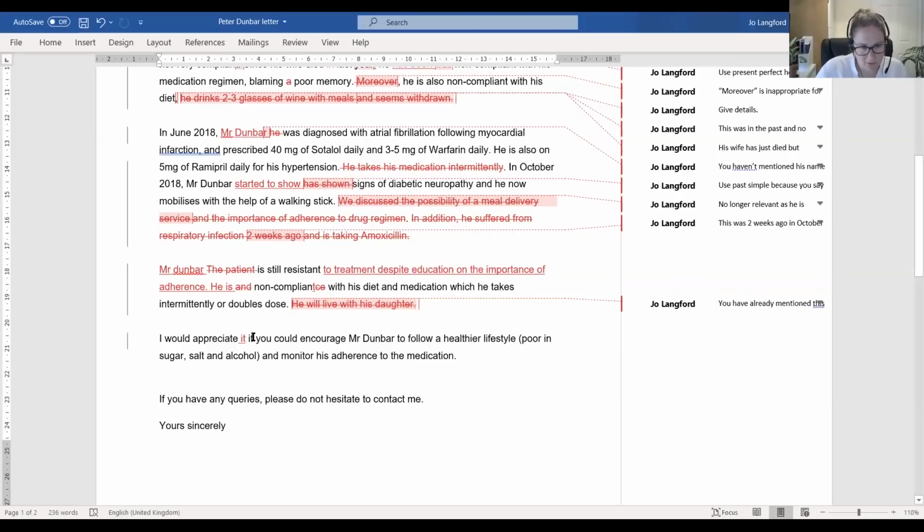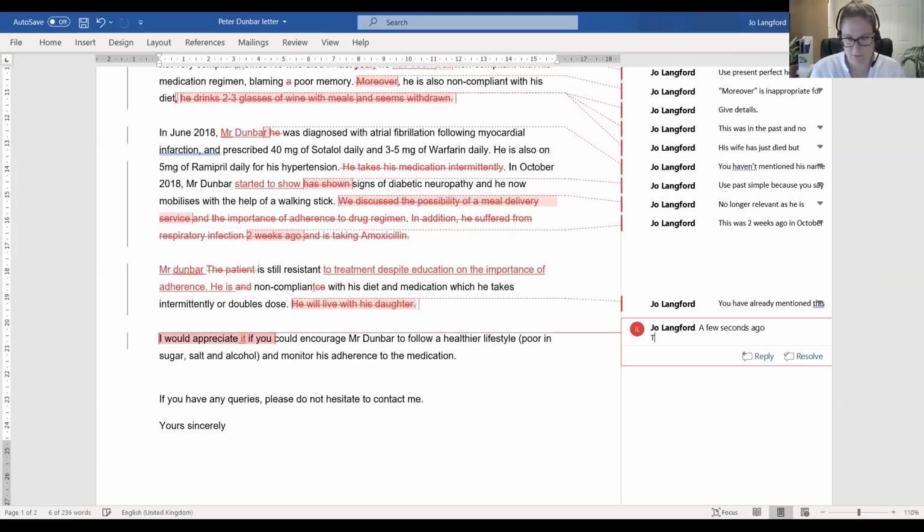Okay, so let's add the note about here. So the correct phrase is, I would appreciate it if you could, or it would be appreciated if you could, plus verb.